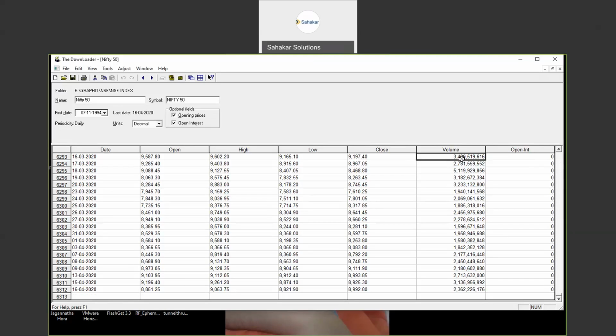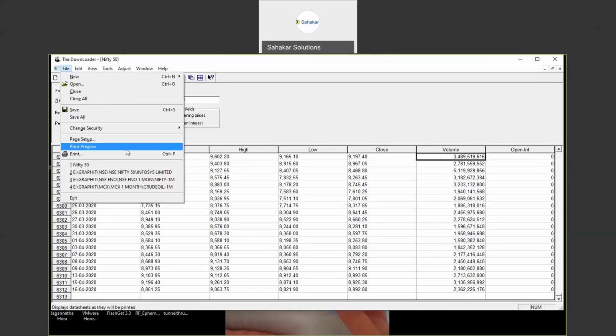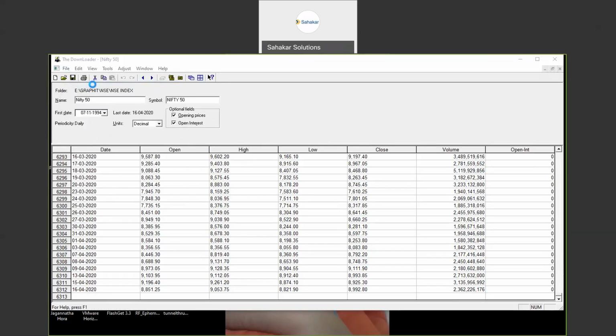And in the same way, if you see the data related to any other script, it will also appear like that. For example, we shall see another script.